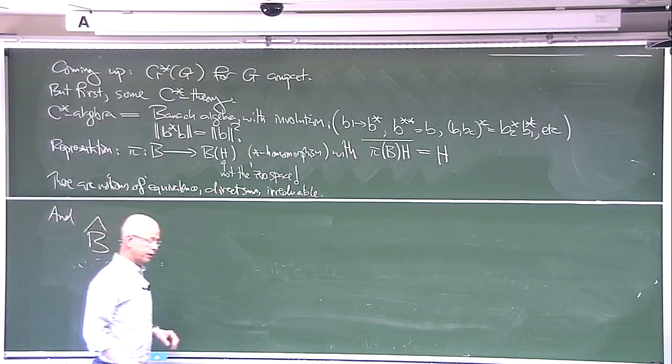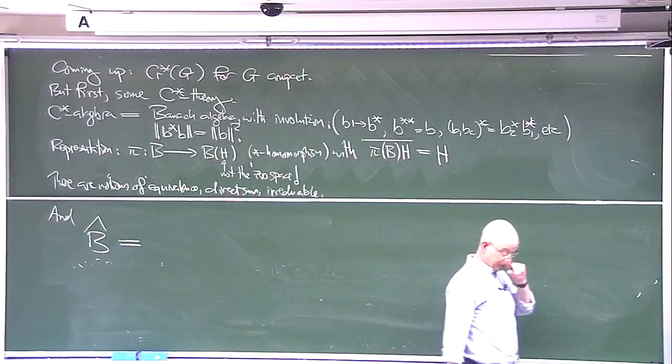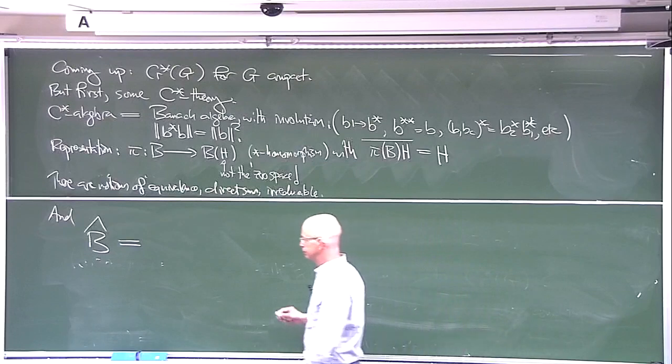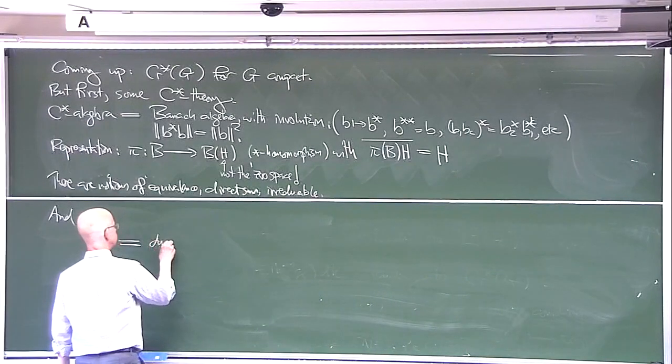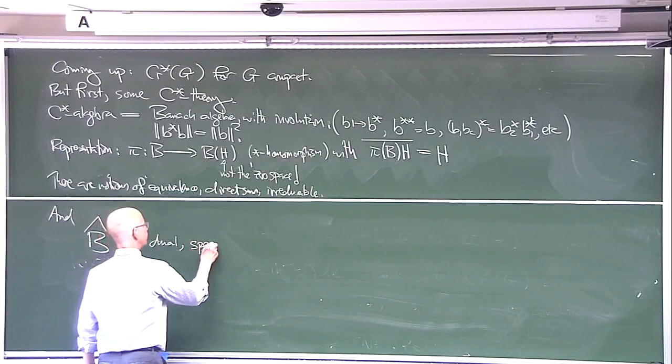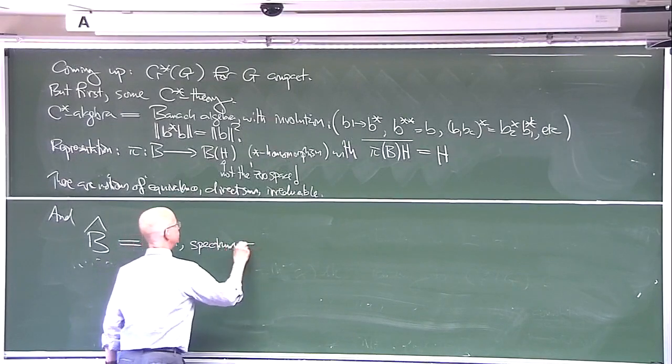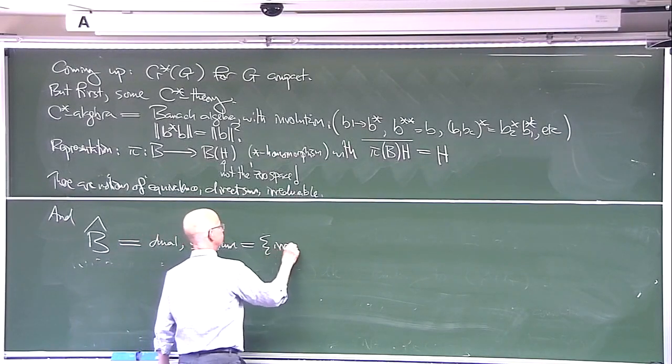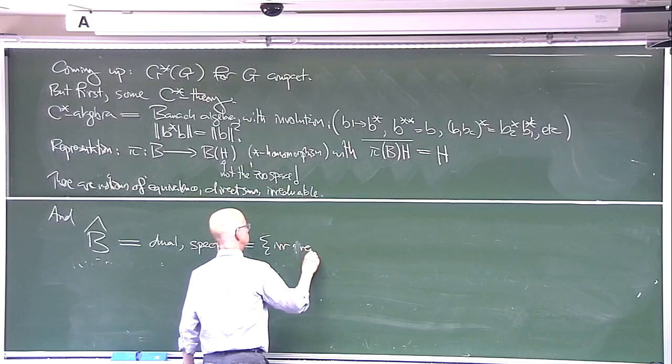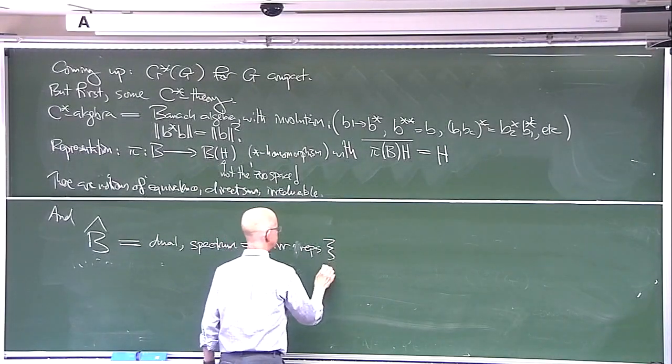Each time I have a C star algebra, I can build a set, which is just the dual or the spectrum of the C star algebra. And it's just the irreducible representations of the object.